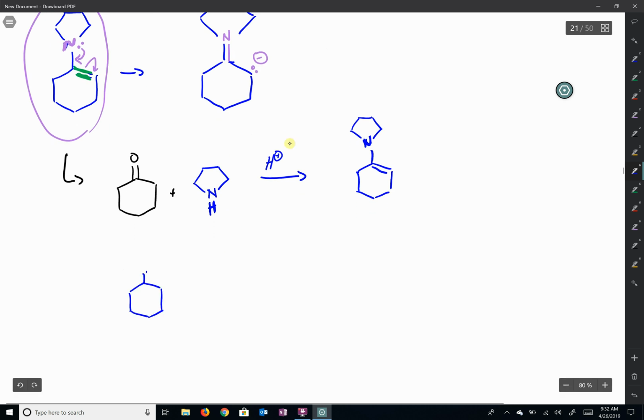If I take a ketone and I mix in a primary amine, so one R group, so an amine with two hydrogens on there, I would make this guy here a Schiff base, is what we would call it. I need a little H+ action in here also.